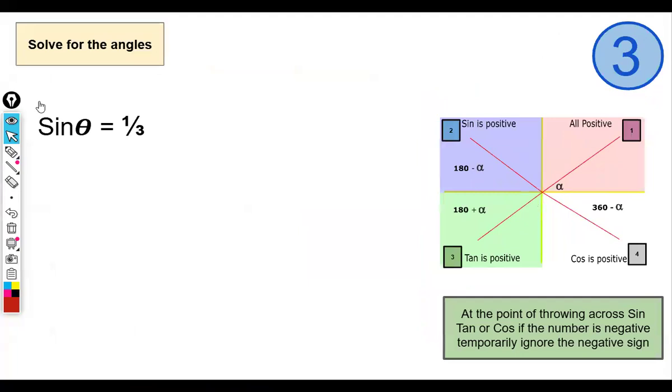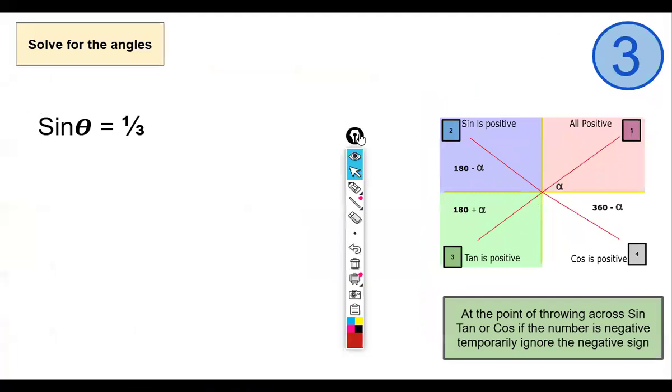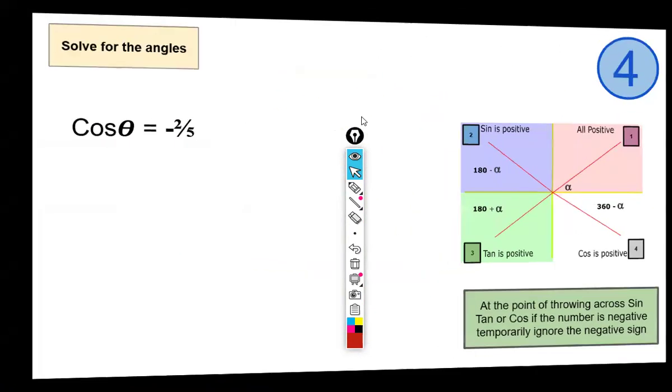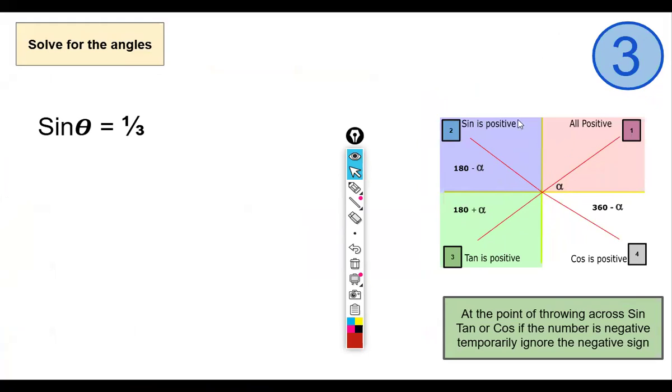All right. So don't let fractions get to you. But I want to make this question a little bit harder. I don't want this one to be a positive one. The negative one is a little bit harder. So let's change this question to sine theta is equal to minus 1/3, right?